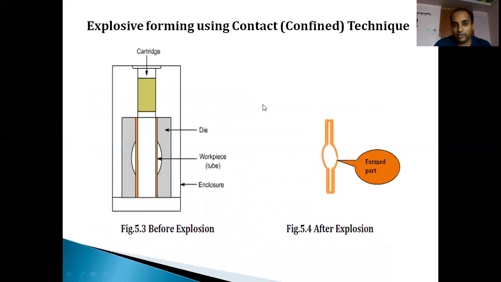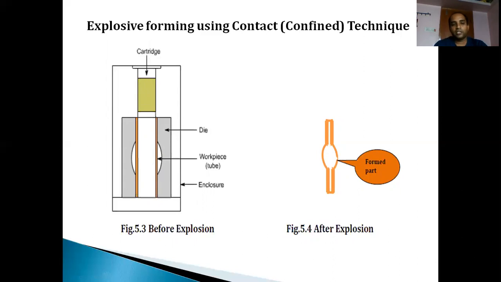Explosive forming has another method, which I told you about, the contact method or confined method. Here, if you observe, this is the die, the blue colored structure, and this is the workpiece. There is some explosive material, this colored structure, loaded within a cartridge.